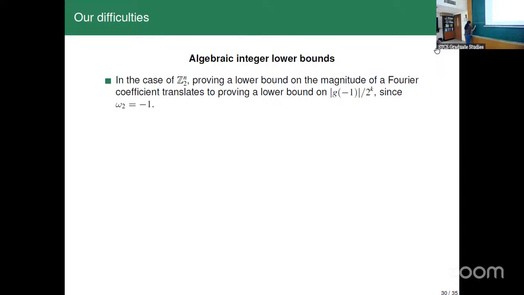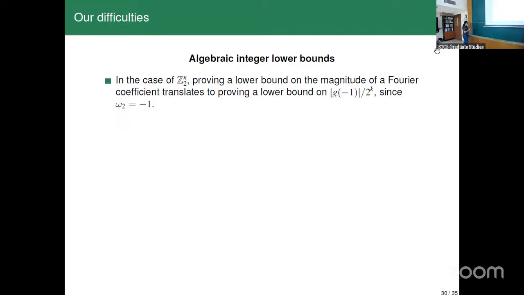So we have A0 plus A1 omega p plus A2 omega p square plus up to A(p minus 1) omega p to the power p minus 1, by p to the power k.